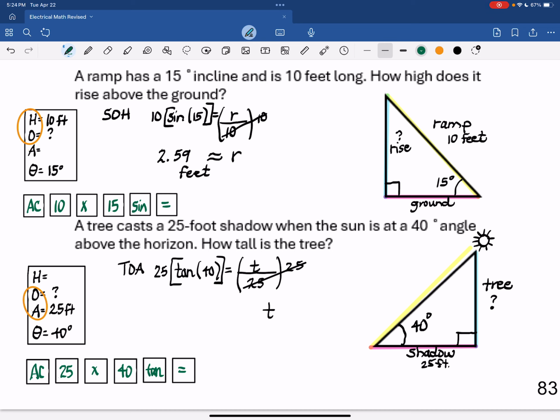I've lost tangent. There it is. Okay. Equals approximately 20.98 feet.